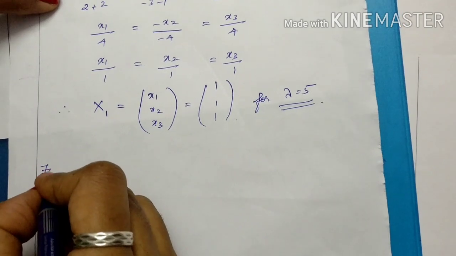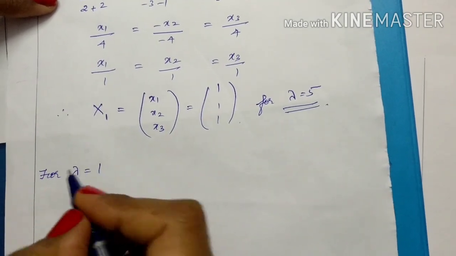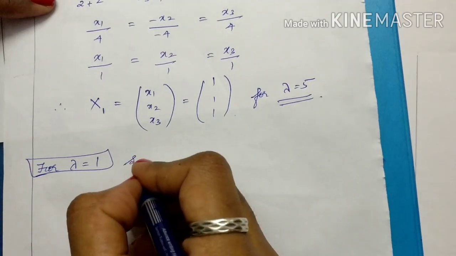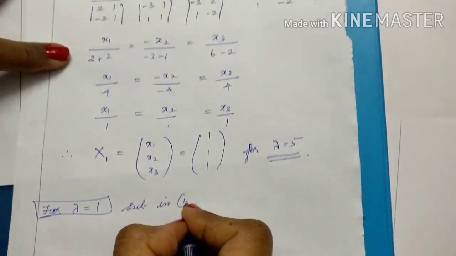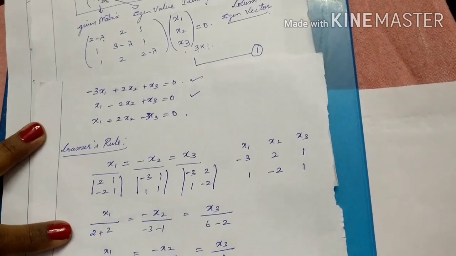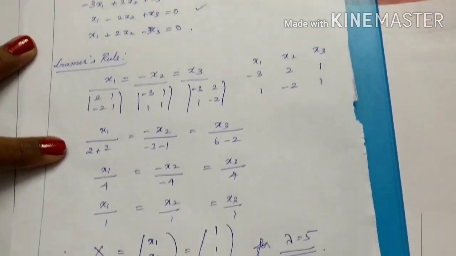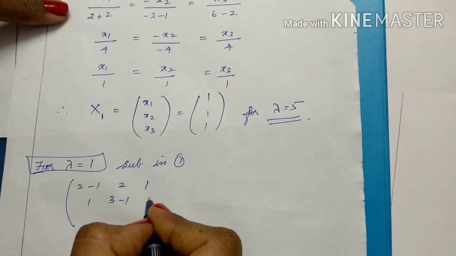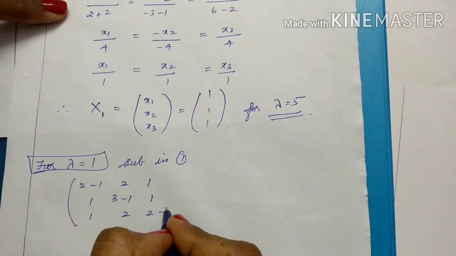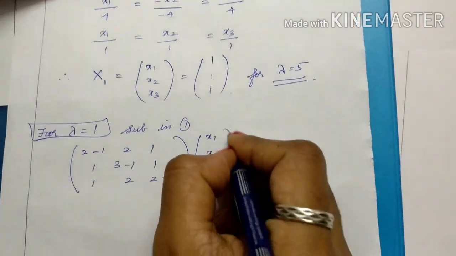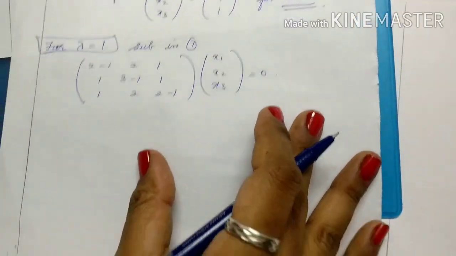Next, we are going to find it for lambda is equal to 1. This, as you know, is the repeated eigenvalue. As usual, we are going to substitute in equation 1 to get it. So substituting in the equation, I'm getting [2 minus 1, 2, 1; 1, 3 minus 1, 1; 1, 2, 2 minus 1] of x1, x2, x3 is equal to 0.